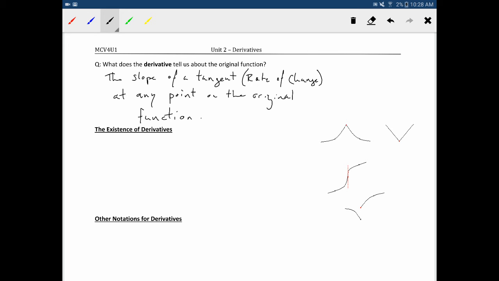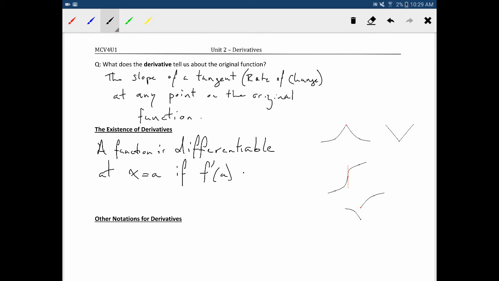So what we say is that a function is differentiable at x equals a if f prime of a exists.